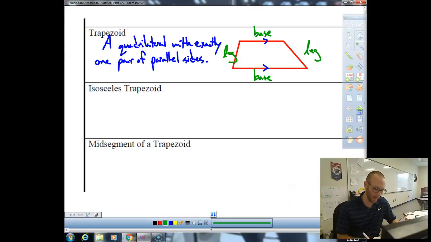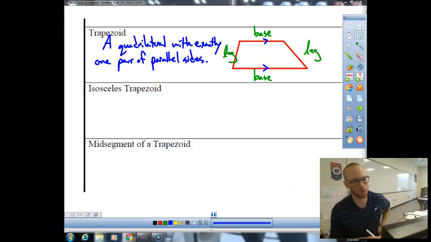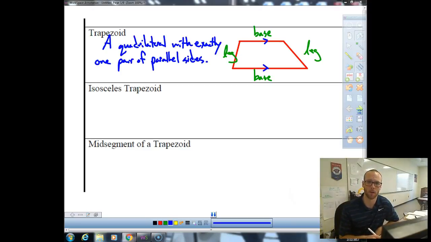Now, oftentimes, when we talk about trapezoids, students tend to think about an isosceles trapezoid. That's what they picture in their mind. Isosceles, we know from triangles, would be at least two congruent sides. So take a look at this trapezoid up here, and what would it mean to be an isosceles trapezoid?